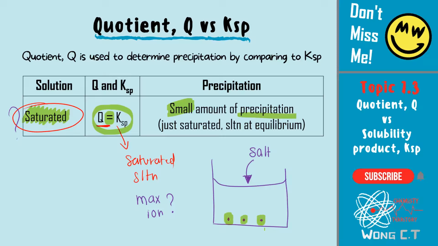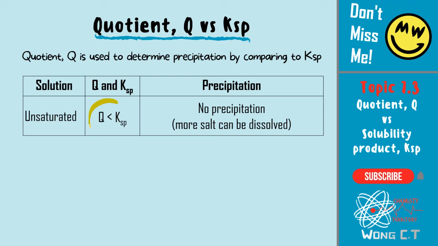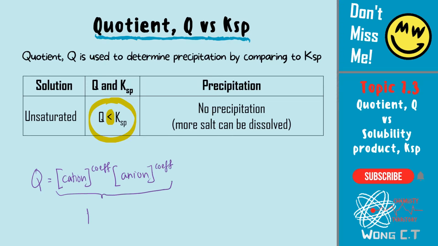Alright? And next, what would happen when your Q is less than your Ksp? Your Q over here is actually the product of the ions to the power of their coefficients, which is your cation to the power of its coefficient, and also your anion to the power of its coefficient. Knowing that both the cation and anion over here is the product. And right now, your Q is less than your Ksp.